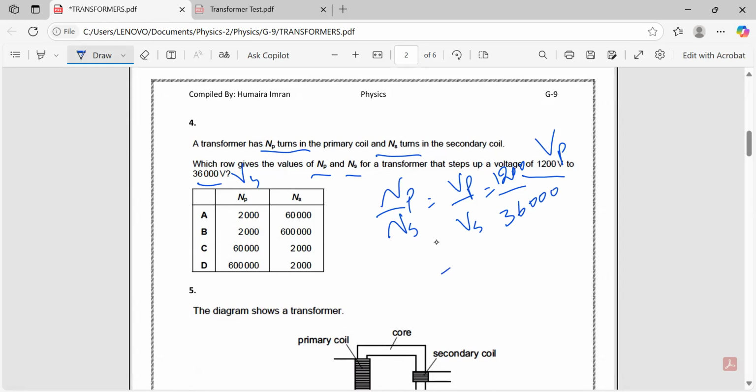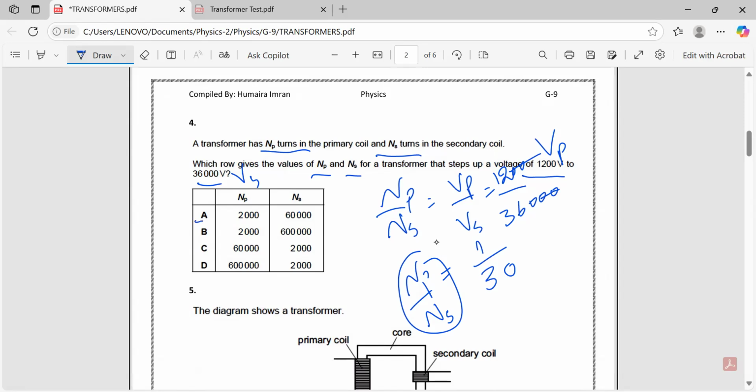You will cut these zeros and you will get the answer 1 over 30. So this is NP over NS. Now you can take these factors, divide them up and you will get the ratio 1:30, and that will be the best answer.